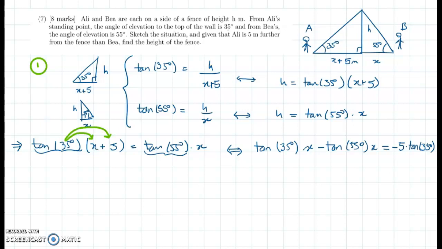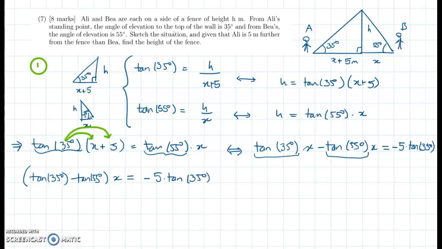So now we have tangent of 35 times x minus tangent of 55 times x. I'm going to take x as common factor, so I'm going to have a bracket that has tangent of 35 minus tangent of 55. All of this is multiplying x, and this has to be the same as minus 5 times tangent of 35 degrees.